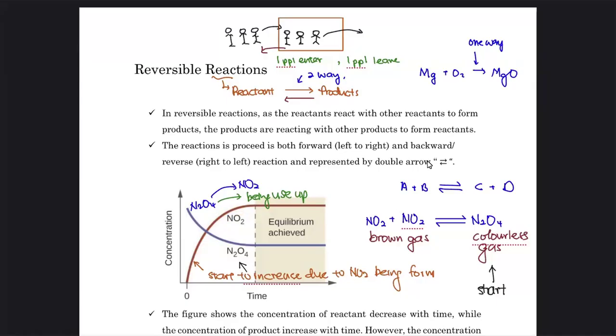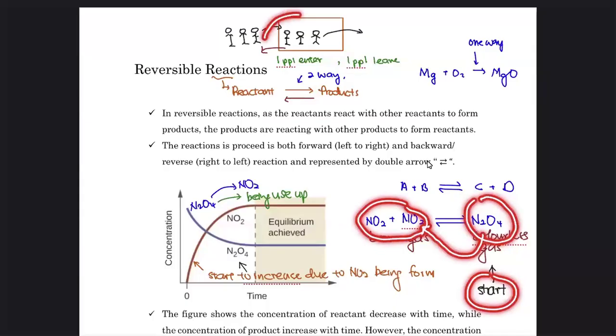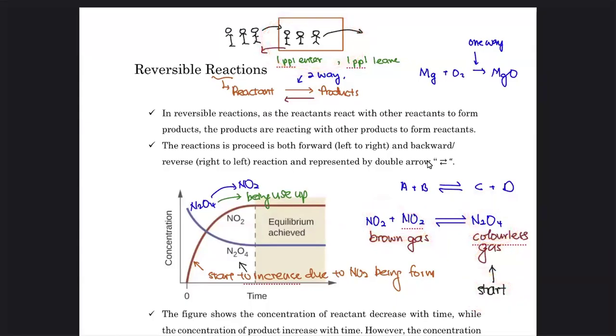Why not faster? This is because when there is a lot of NO₂ and NO₂ builds up, the reactions will reverse. Initially, you started from here, you will break down and form this one. And when this one becomes a lot, you see, when a classroom becomes very crowded, some people start leaving.